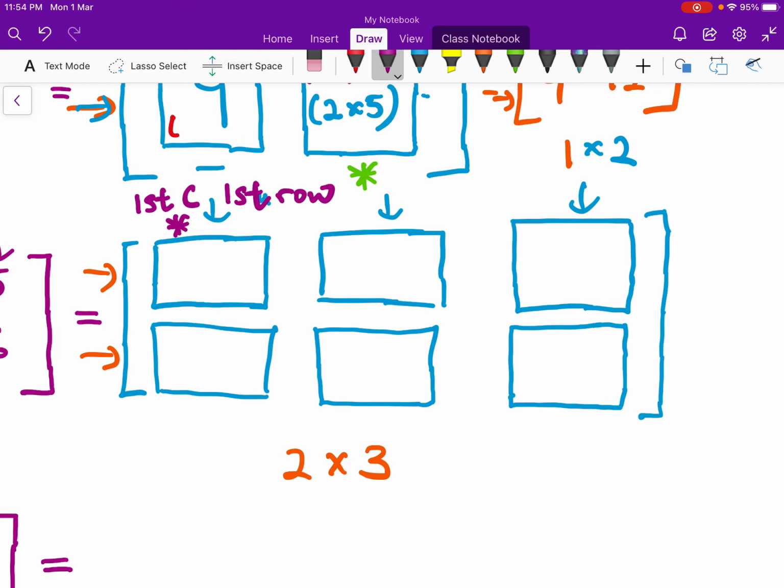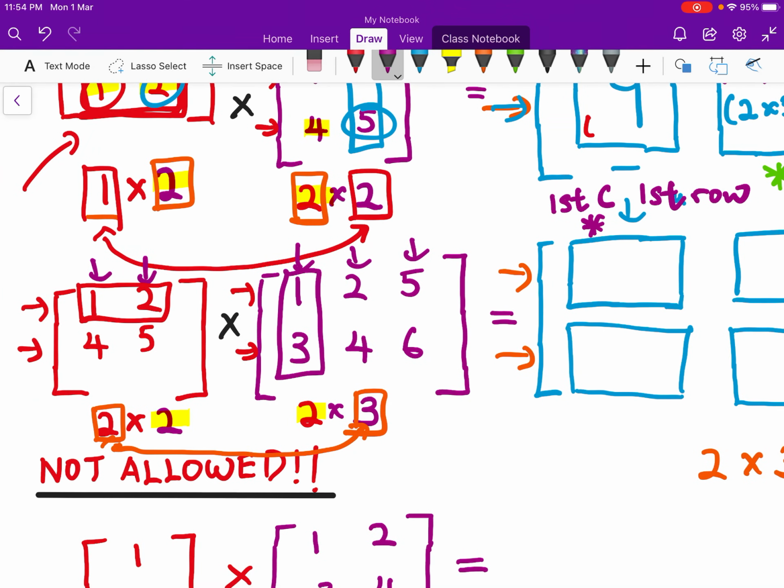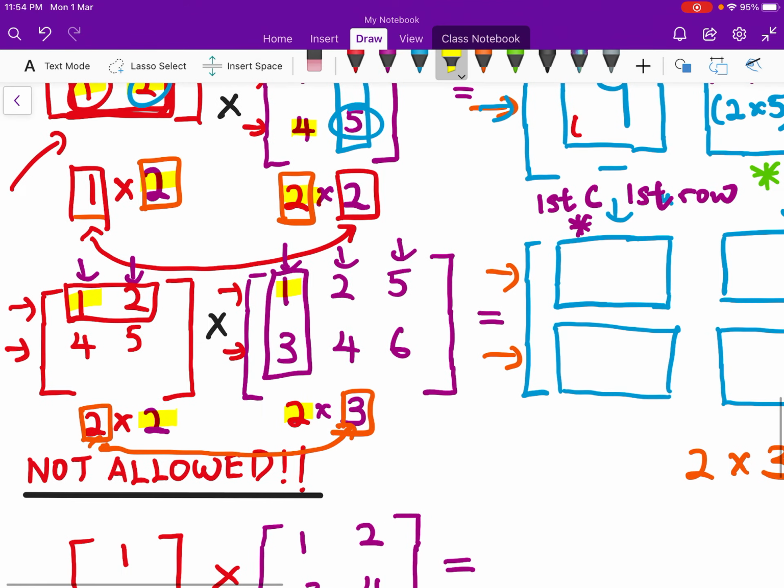Of course, I must use the first column of my red color matrix times the first row of my purple color matrix. We use the first number times the first number, 1 times 1, then put a bracket, plus second number 2 times your second number 3, 2 times 3. Now we are done with our first column, first row.